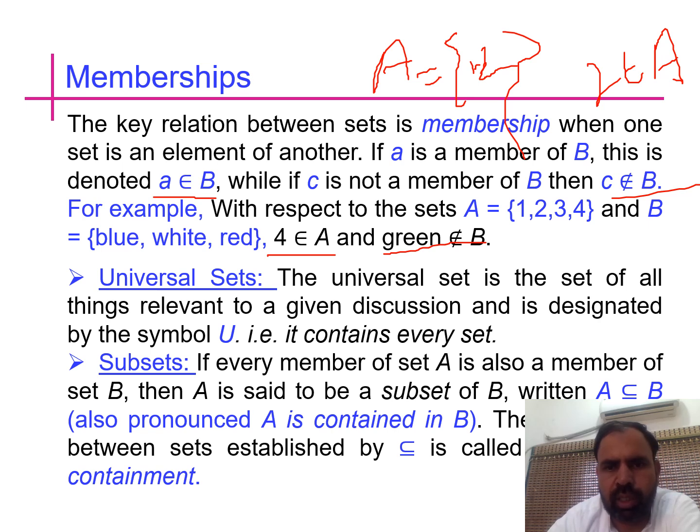We can write A subset of B, also pronounced A is contained in B. It means the elements of A belong to the elements of B. So A is a subset of B, and B is the superset of A.